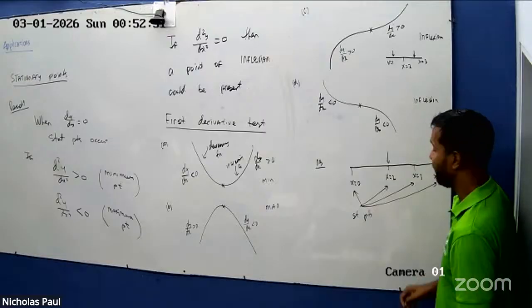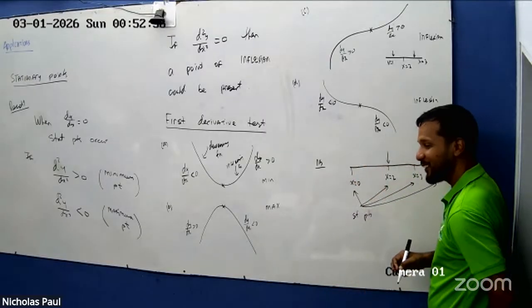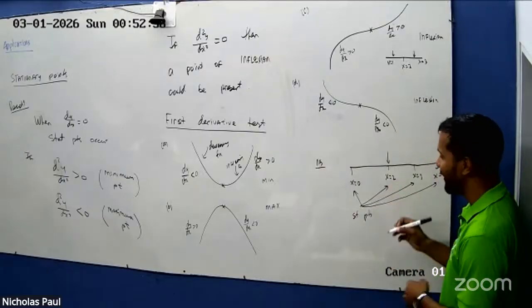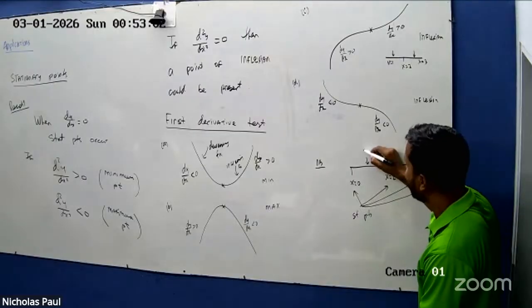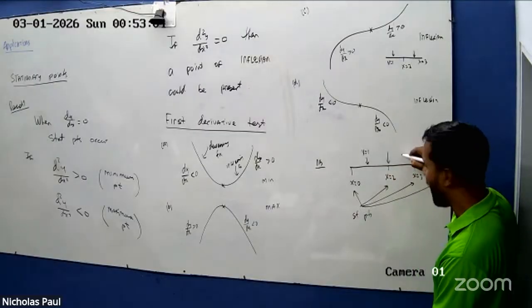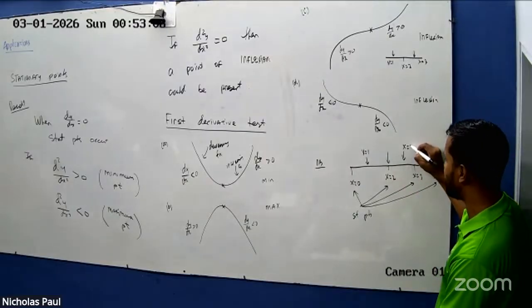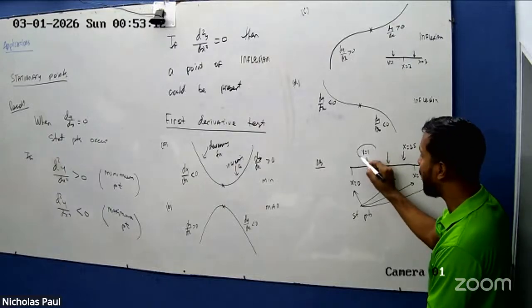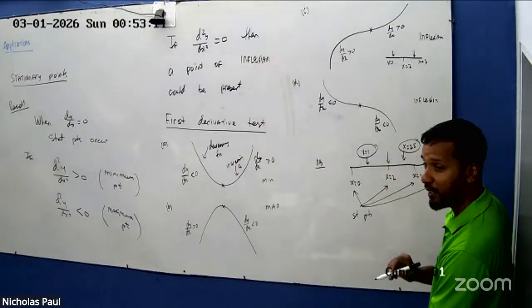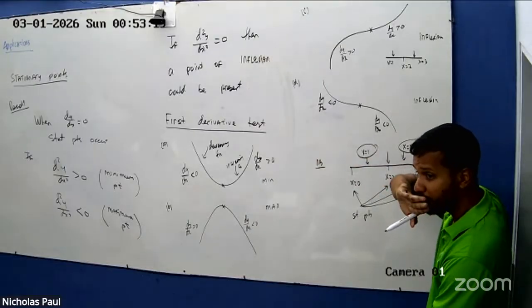So here x is 1, and what do you choose here? Anything you want, you could choose 2.5. These are the points that we're using to check in our tests. Are you okay with that?